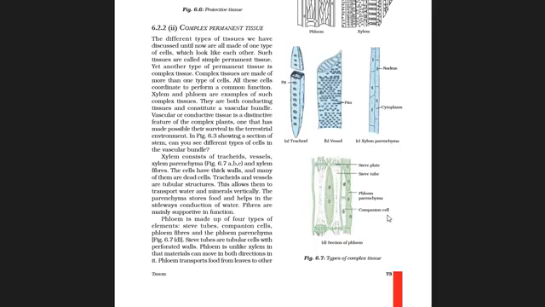For two main types, complex permanent tissue, xylem and phloem. Correct? Yes. So what is the major difference between simple permanent tissue and complex permanent tissue?